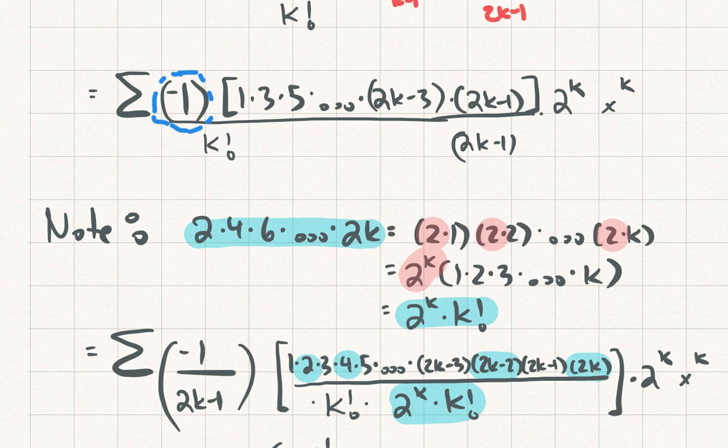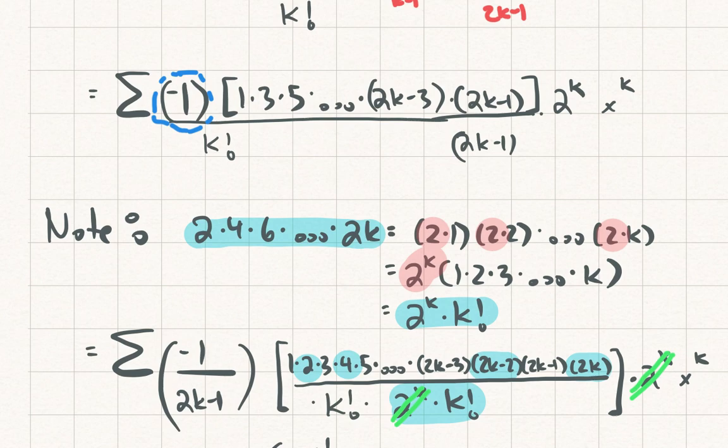And I'm going to divide by this expression written as 2 to the k times k factorial, remembering that these are the same expressions. And again, I can see some stuff that will cancel. I see that this 2 to the k cancels with this 2 to the k, so we're looking pretty good.